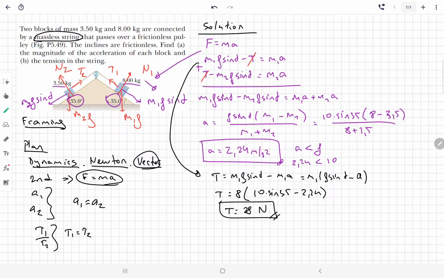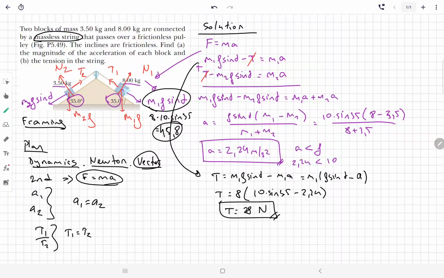28 newtons. So let me check m1g sine alpha. This will be equal to 8 times 10 times sine 35, which is approximately 80 times sine 35, about 45.8. Why are we calculating this? Just to check.